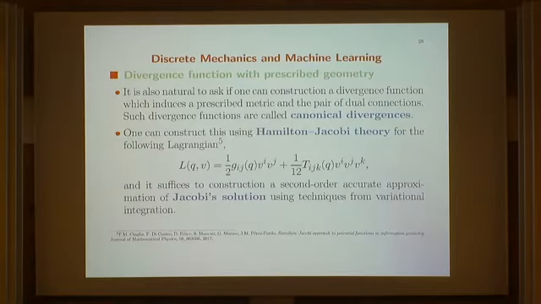When I say Hamilton-Jacobi theory, all I'm saying is that one Jacobi solution of the Hamilton-Jacobi equation is related to variational integrators, which is the basic thing you try to construct whenever you're given a Lagrangian system. So you use standard techniques from variational integration to construct at least a second order accurate approximation. Second order is necessary in order to recover the metric and the connection, and anything above that is great. If you just care about recovering the metric and the connection, that's enough.